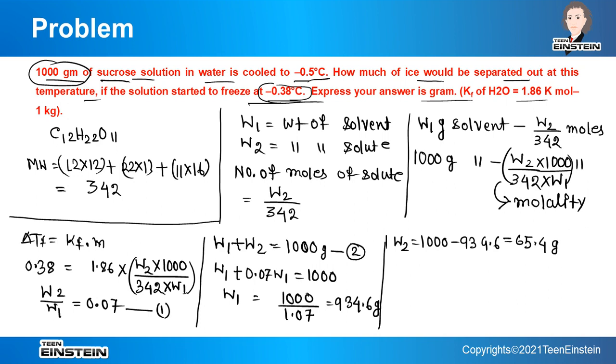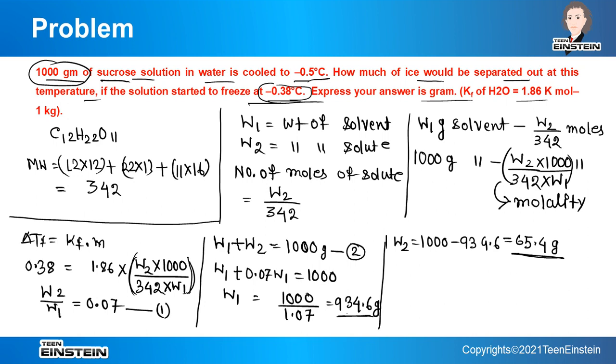Okay, so when there is depression of freezing point, that is minus 0.38, the corresponding molality is this, and in this molality the weight of solute is 65.4 and weight of solvent is this.